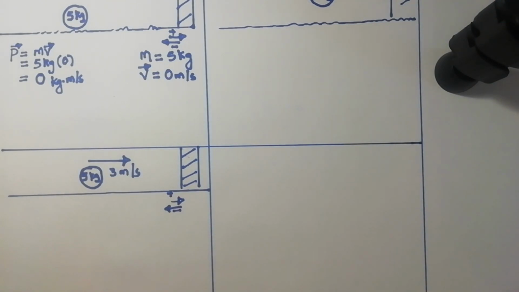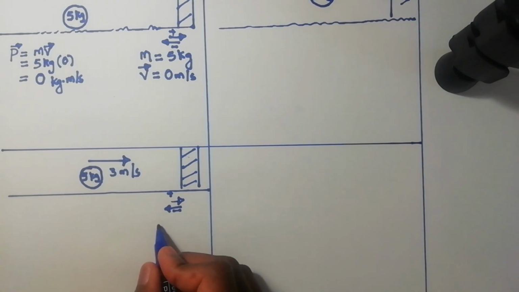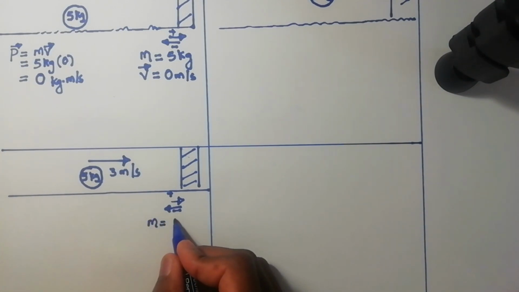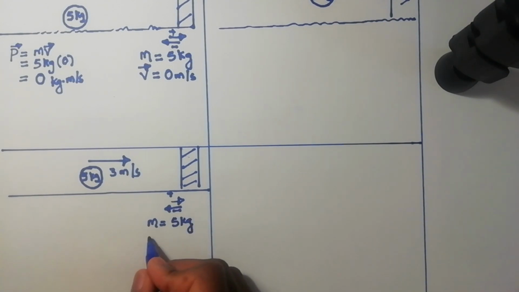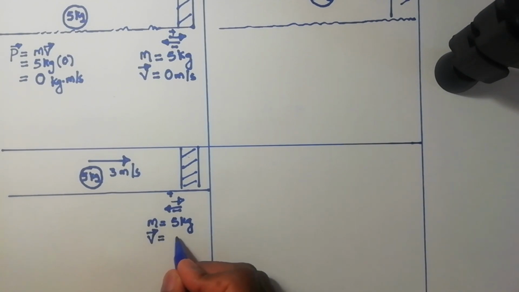Second step, you list the useful data from your scenario. Your mass equals 5 kg, your velocity equals positive 3 meters per second.